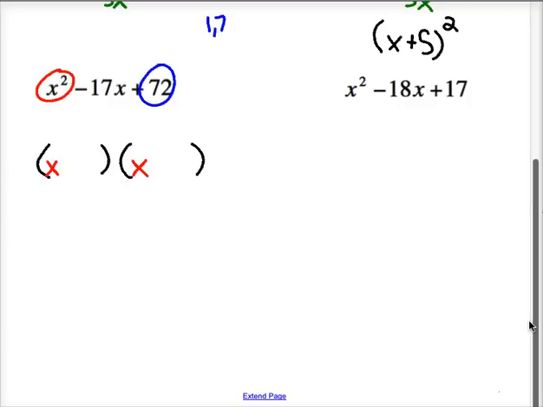So 1 and 72, then 2 and 36, 3 and 24, 4 and 18, 5 doesn't work, but 6 and 12, then 7 doesn't work, then you get 8 and 9. So this one has a whole ton of options of things that multiply to 72.